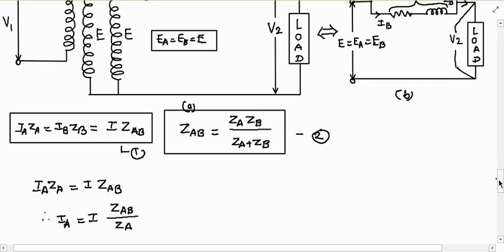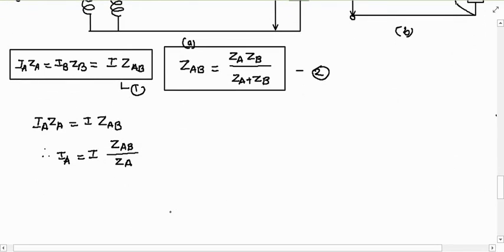Or I can write down here I into ZB divided by ZA plus ZB. Why? Because I just put the ZAB value here. What is the ZAB value? ZA into ZB from equation 2.